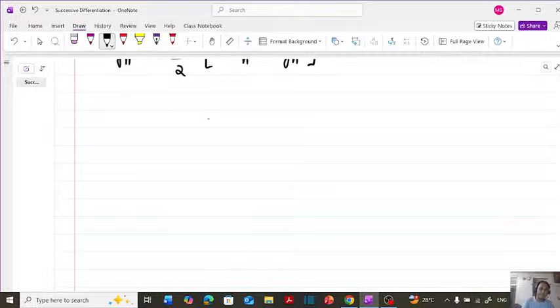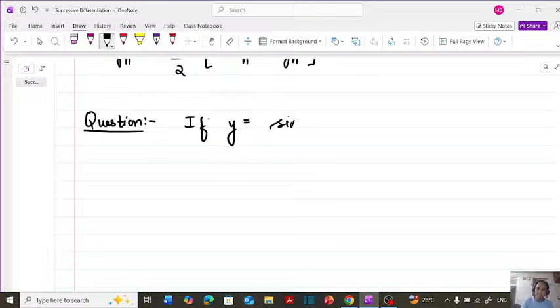So here, if y is equal to sine square x cos cube x, find yn.